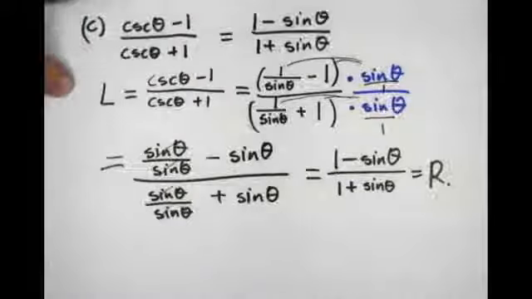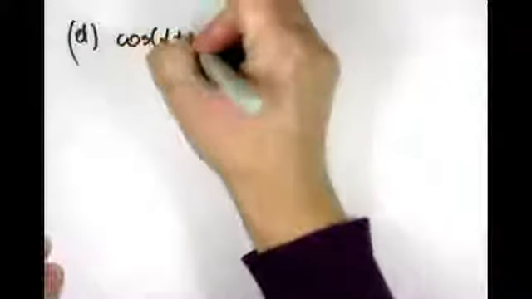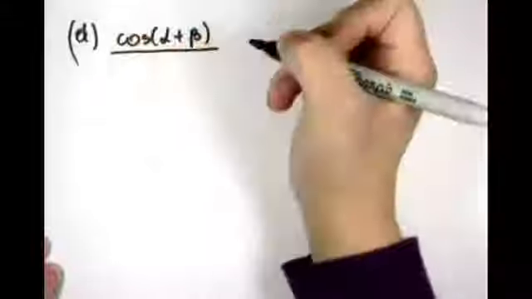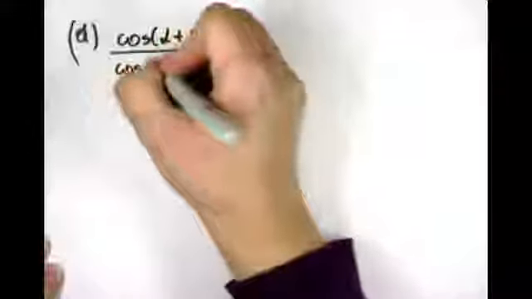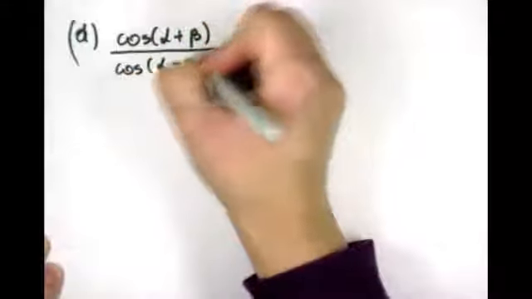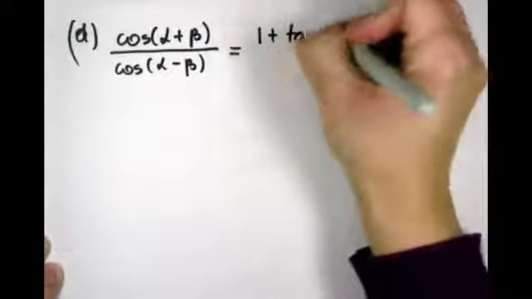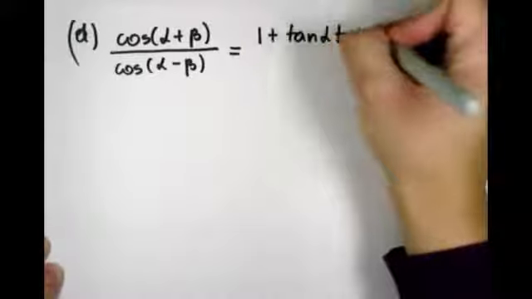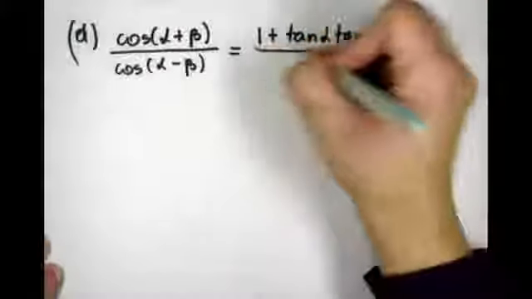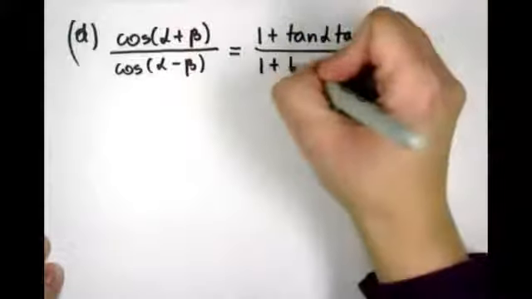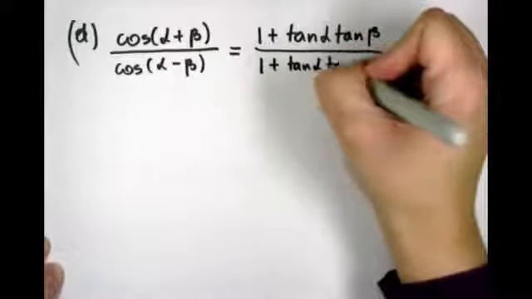Now we have example D. With the identities, we should be able to prove a problem like this: cos of alpha plus beta over cos of alpha minus beta is equal to 1 minus tangent alpha tangent beta over 1 plus tangent alpha tangent beta.